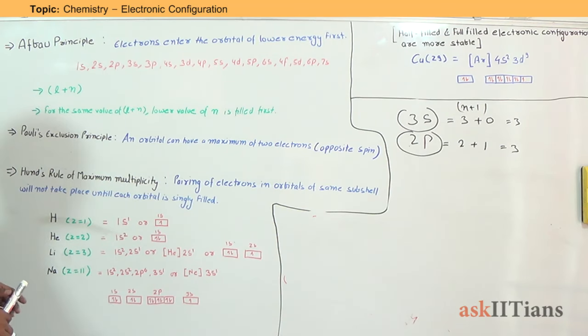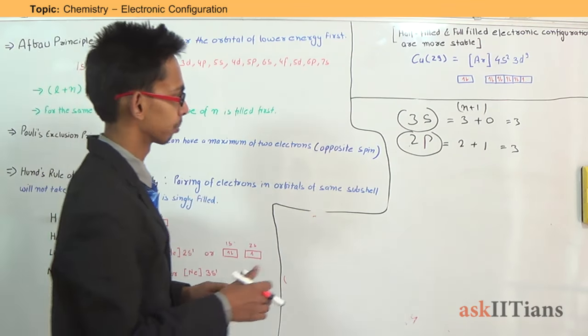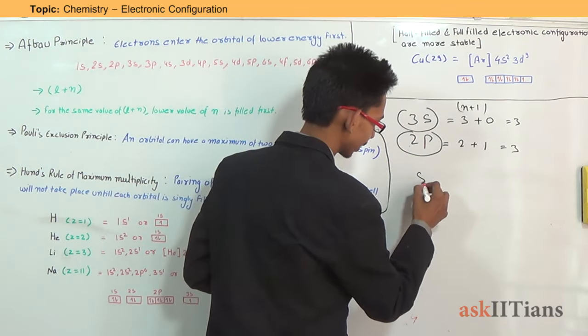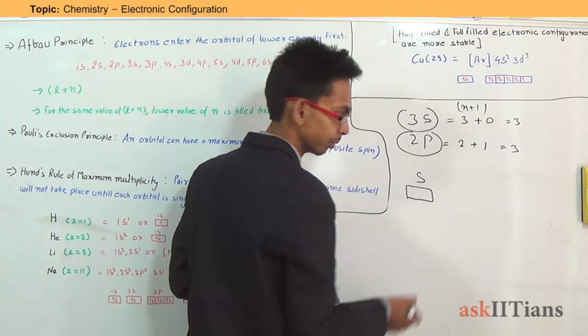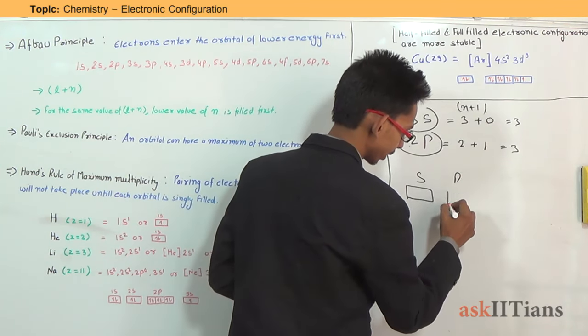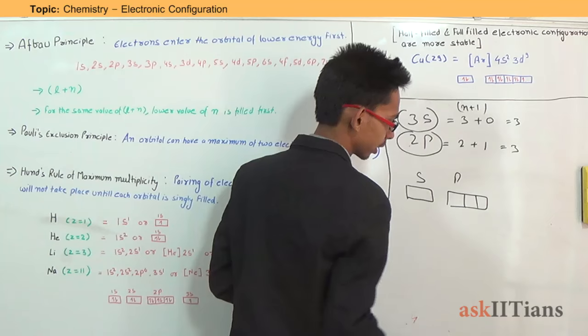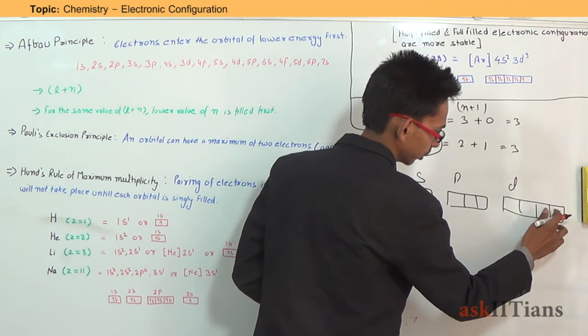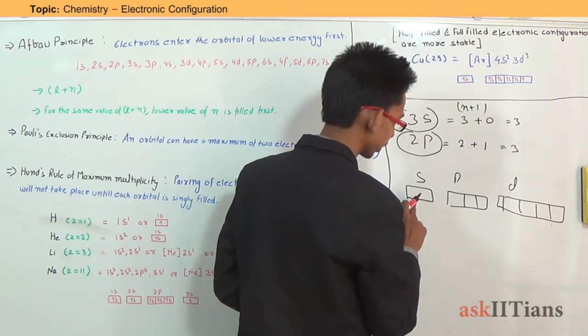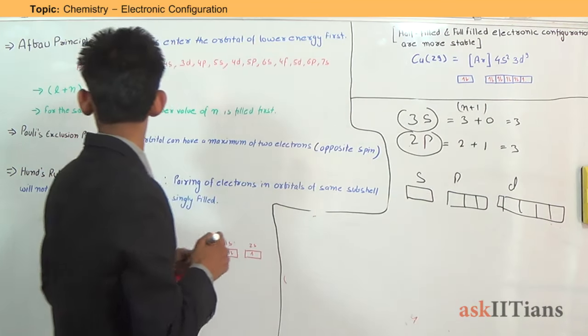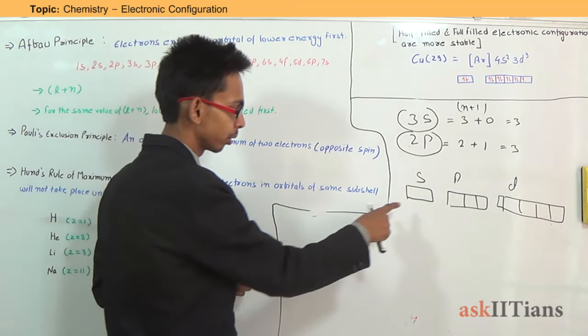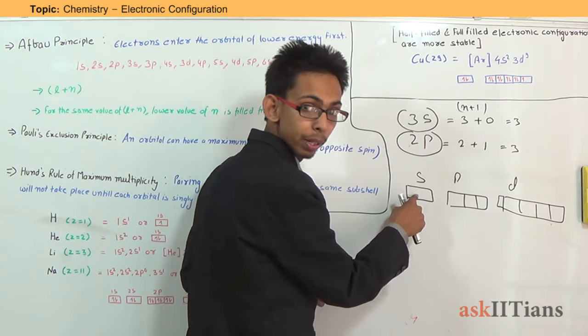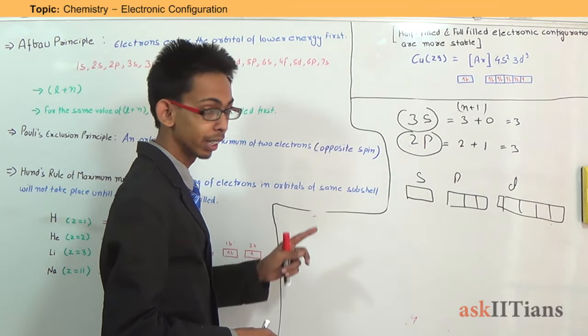The next principle is the Pauli exclusion principle, according to which an orbital can have a maximum of 2 electrons only. We know that the s subshell has 1 orbital, p has 3, while d has 5 orbitals. Electrons are present in these orbitals, but according to the Pauli exclusion principle, a single orbital cannot have more than 2 electrons.